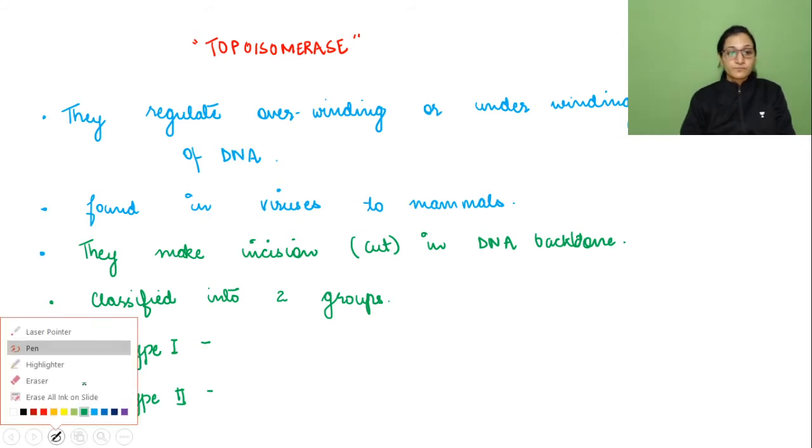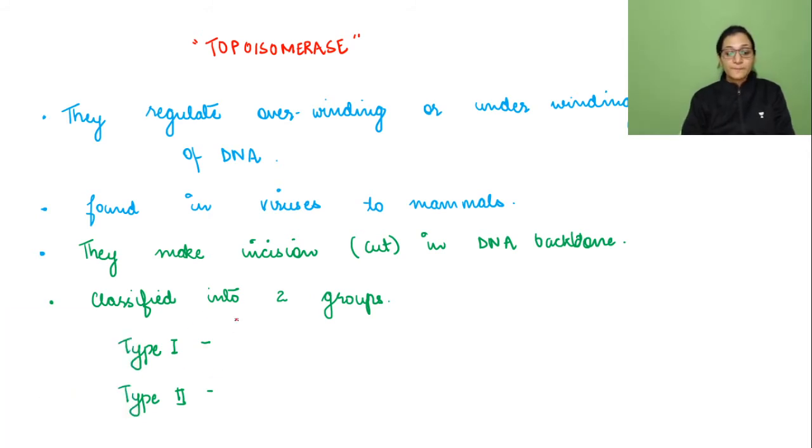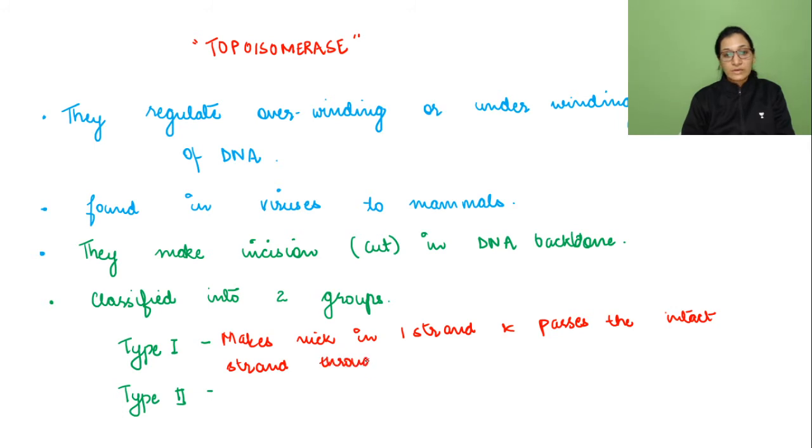So let us write the function of type 1. It makes a nick in one strand, passes the intact strand through the nick, and reseals the gap.